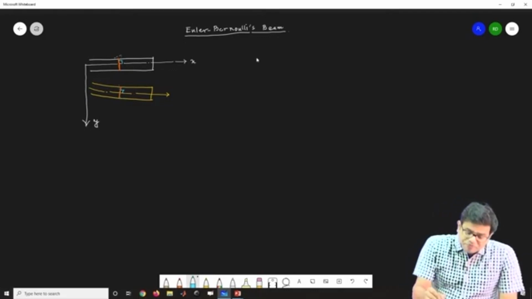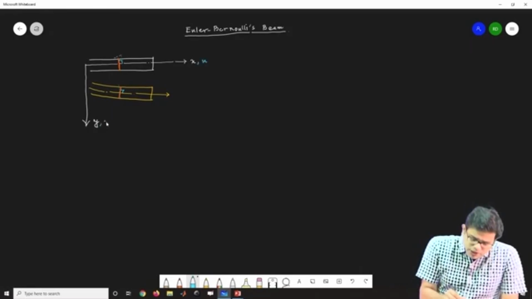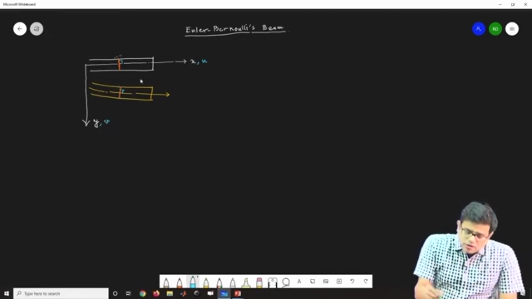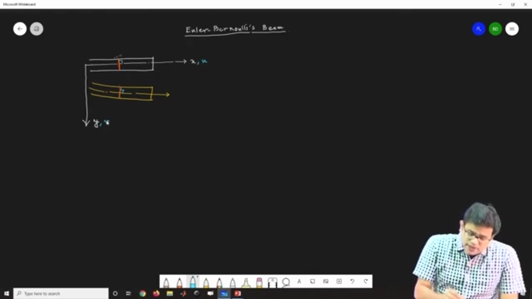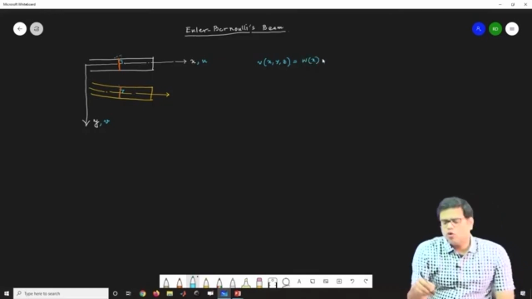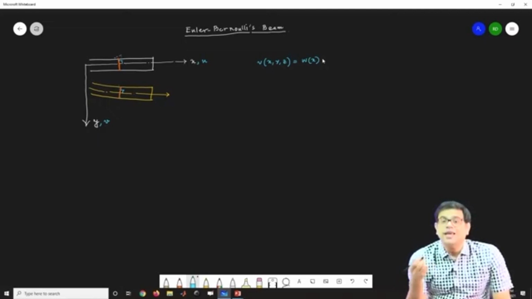Now if I write my usual displacement components, with the perpendicular axis being the z axis of this blackboard, then v, a function of x, y and z, is w(x), the displacement. What it says is that the downward displacement is essentially independent of the y and z coordinates, so it is a function of x.